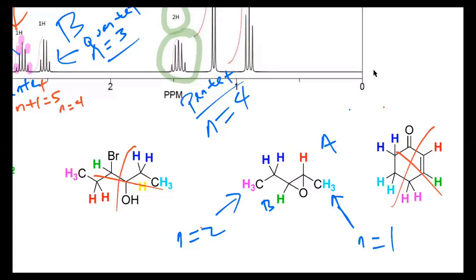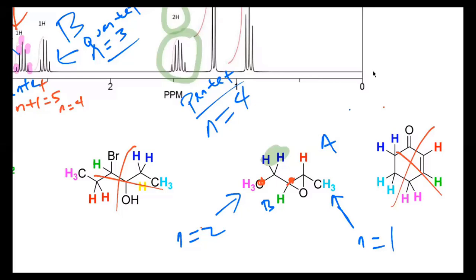So what's left has to be this set of protons right here. Now, what's bonded to the left of it? This carbon, I'm sorry, this carbon. How many hydrogens on that carbon? 3. What about on the right of it? How many hydrogens are on this carbon? 1.